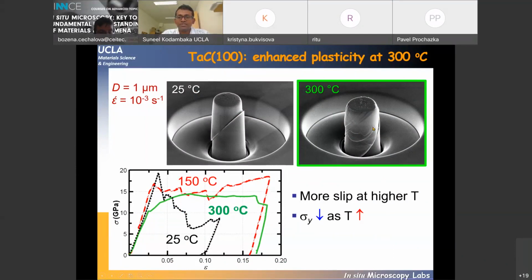All these shear bands that you see on the surface are a characteristic of plastic deformation. And if you see the green curve here, that's the stress strain behavior for compression of the same crystal orientation, but at a slightly higher temperature, indicating that the plasticity increases with temperature, which is expected, but not for these type of crystals at such low temperatures.